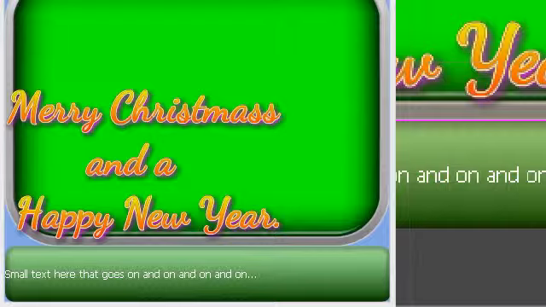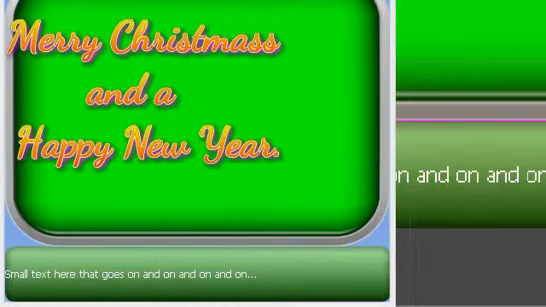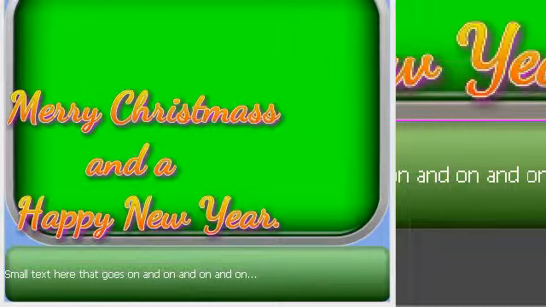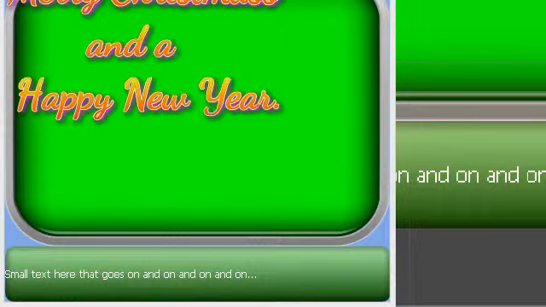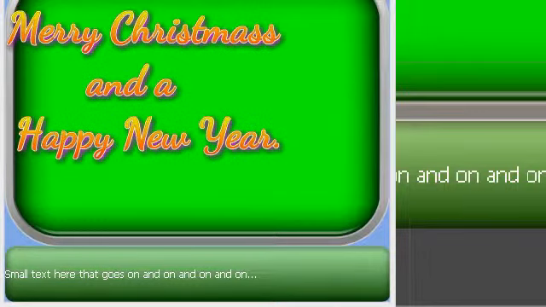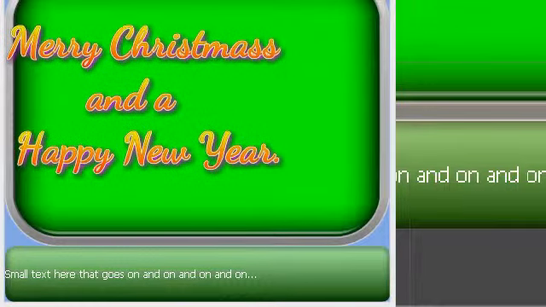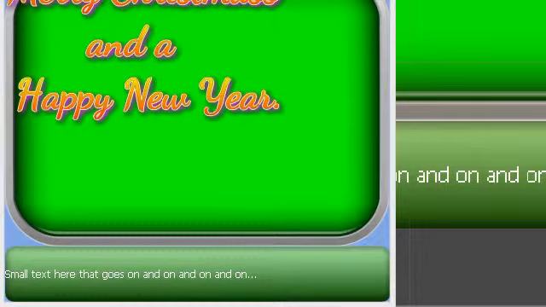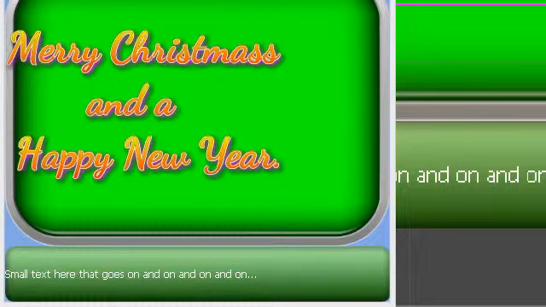If I align it, wait, let me go to the bottom first. Yep. That 0 is good. If I put it to the top, then if I change the top margin, then it pushes it down. Yay for us. So that's work in progress. And the middle, it doesn't work.